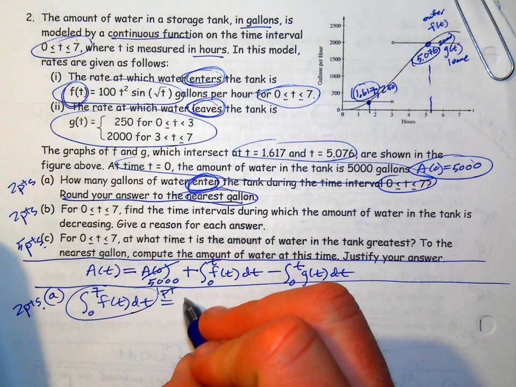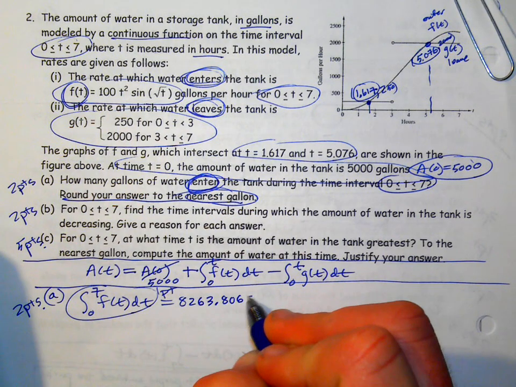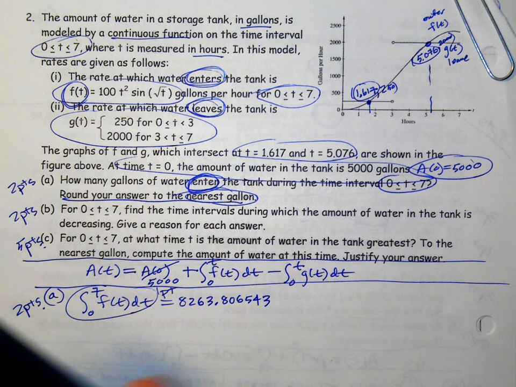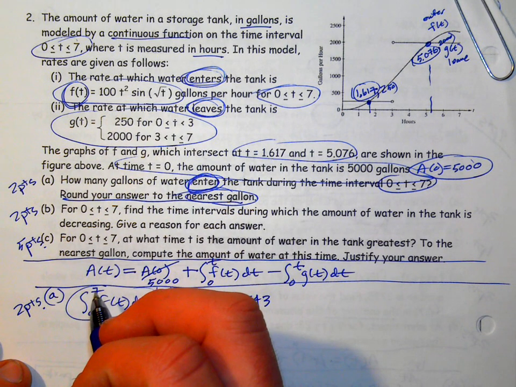I'm going to write my answer down, 8263.806543. I'm just writing those down just in case I need this for something else, even though it's just round to the nearest gallon.